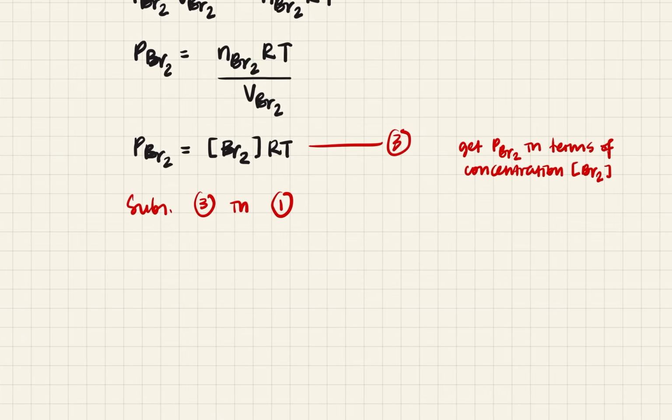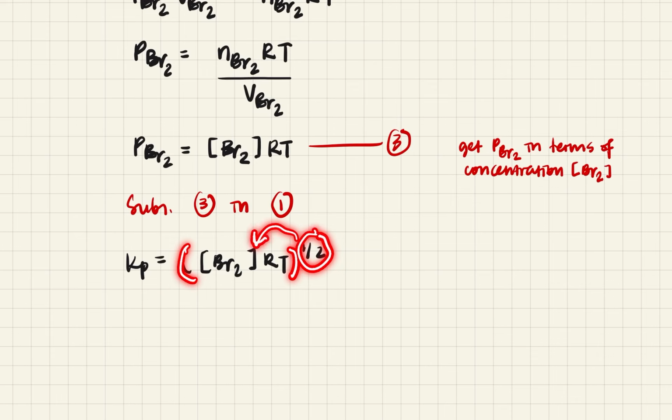You will get Kp equals to Br2 RT to the power of 1/2. Okay, so from here, since this is a bracket, and this one will be for this and this, for each of this, so we will expand it.